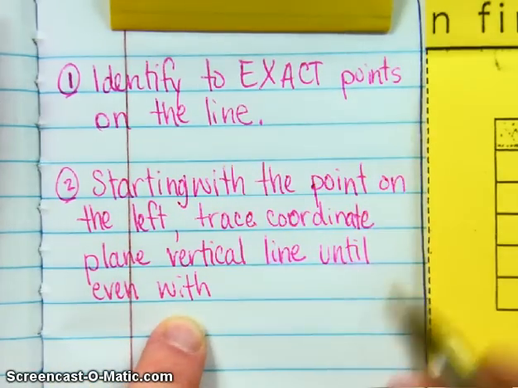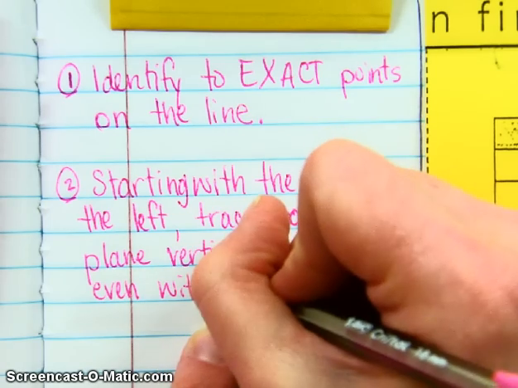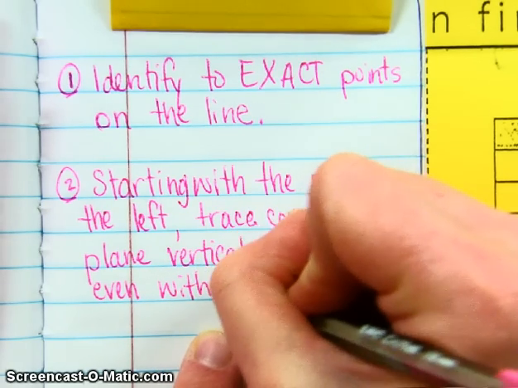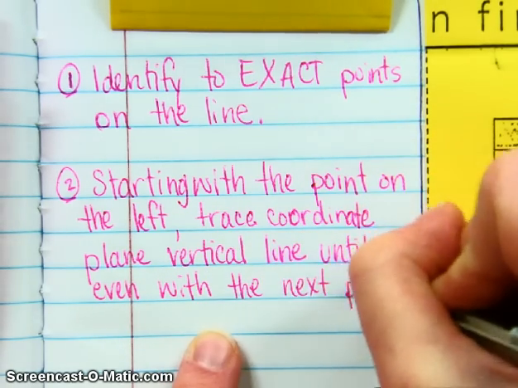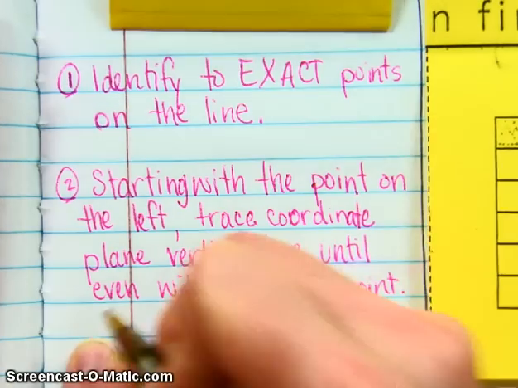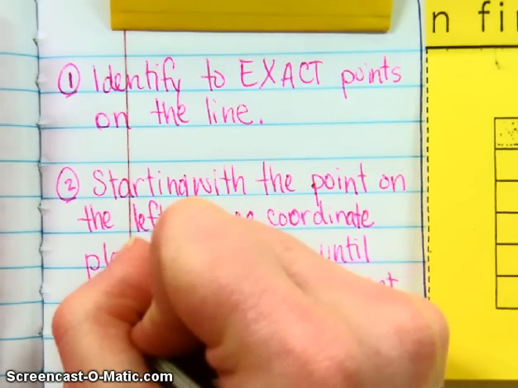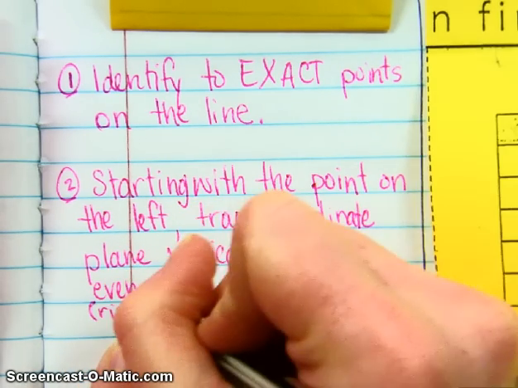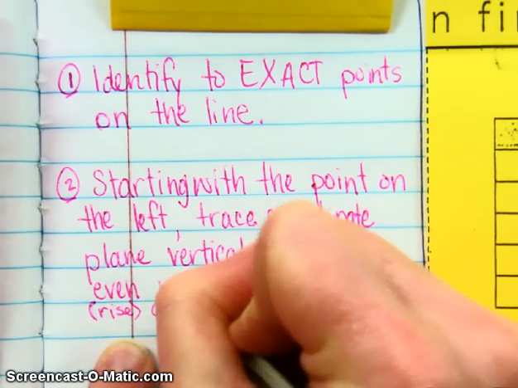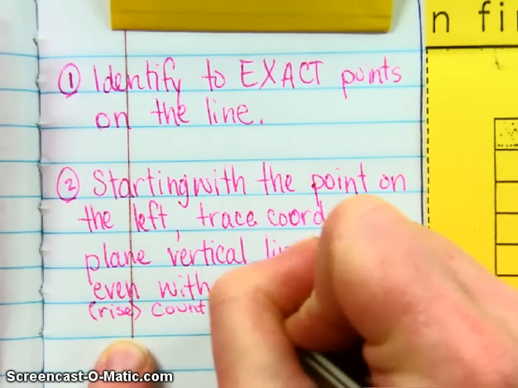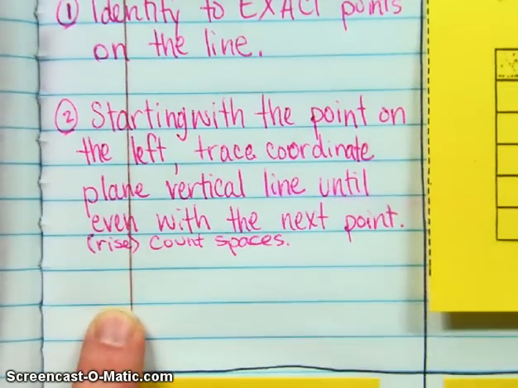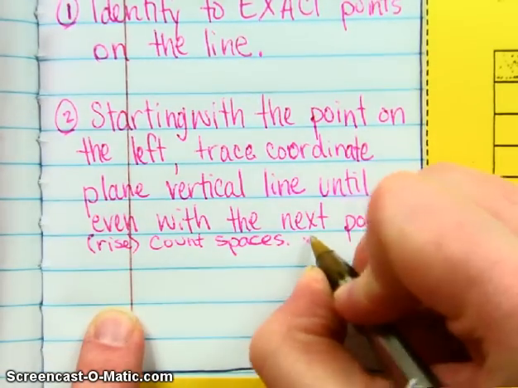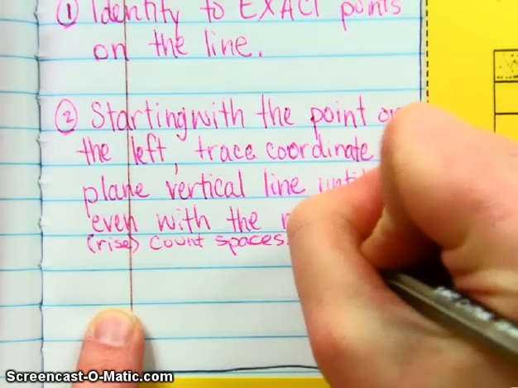So that could be a rise or that could be a fall. Okay, that's going to tell us the rise. Okay, and count those spaces. So that's vertical change. It's rise, vertical change.